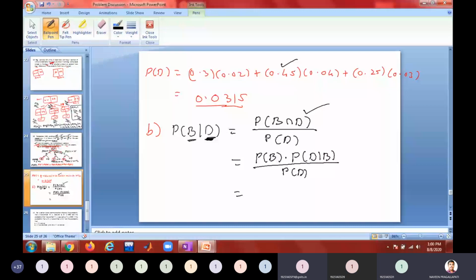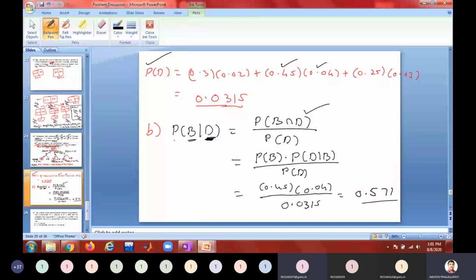Now what is P of D? The total probability, 0.0315. Whatever you get, the answer is 0.5714.